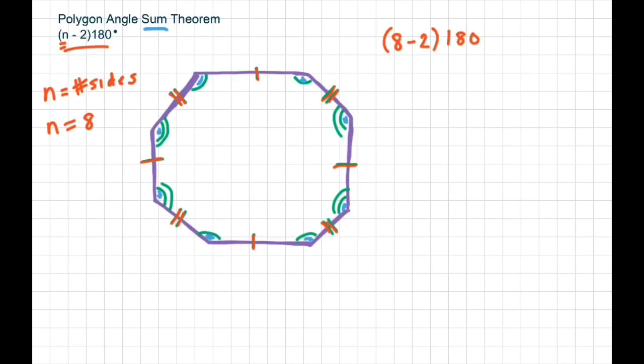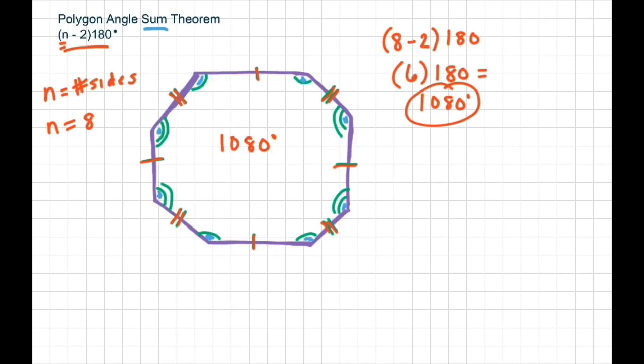Well, 8 minus 2 is 6, so that ends up being 6 times 180. And 6 times 180 equals 1080. So that means inside of this octagon, when I add all of the angles together, I get 1080 degrees.